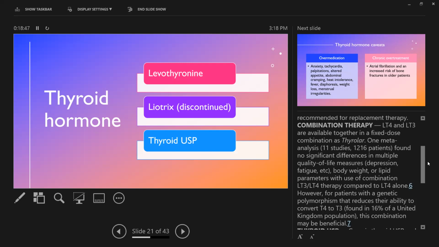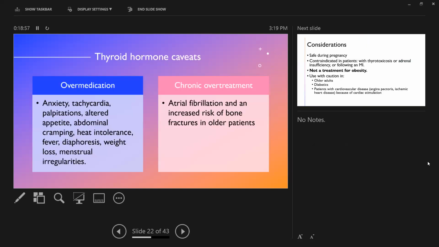Levothyroxine really is a drug of choice now for hypothyroidism. This drug is available as a generic. It's very cheap. The caveat with levothyroxine is overmedication.